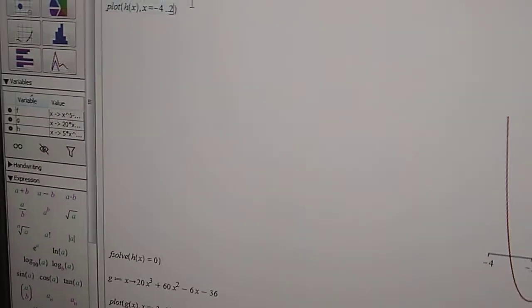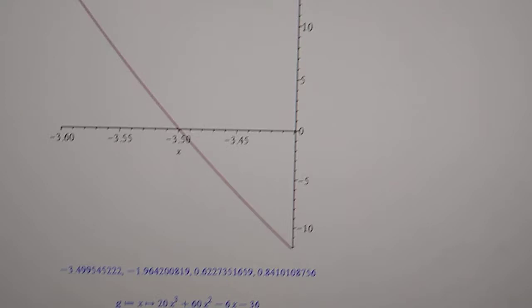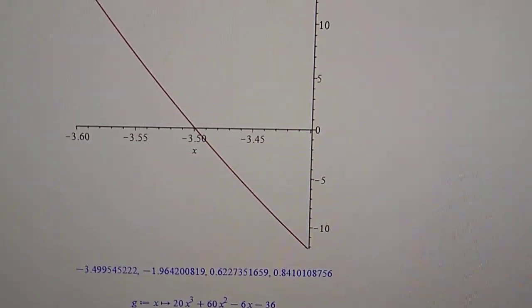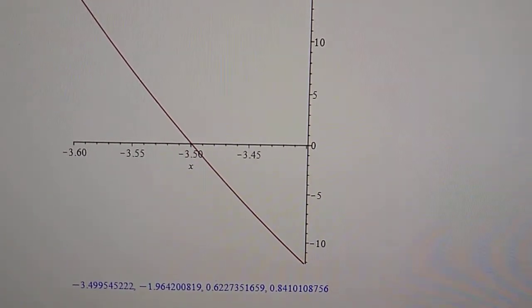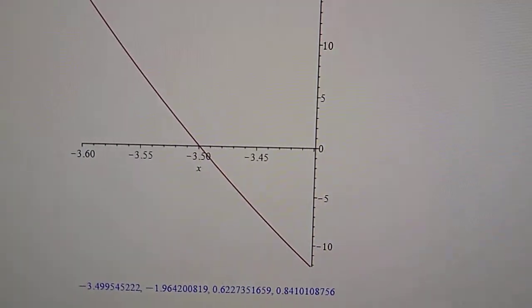-3.5. So what I can do is try to zoom in a little bit. Why don't I graph it from -3.6 to -3.4. Then I can zoom in.